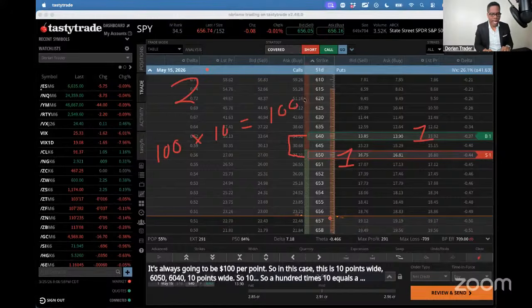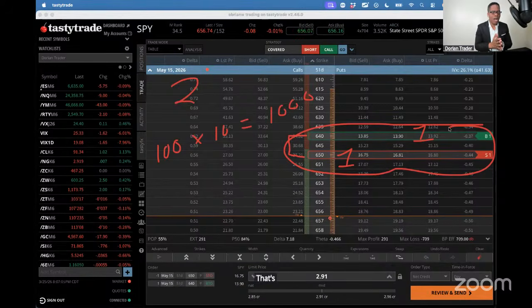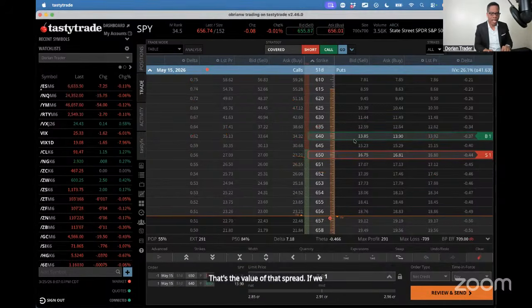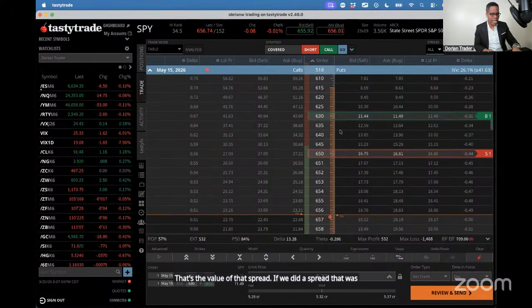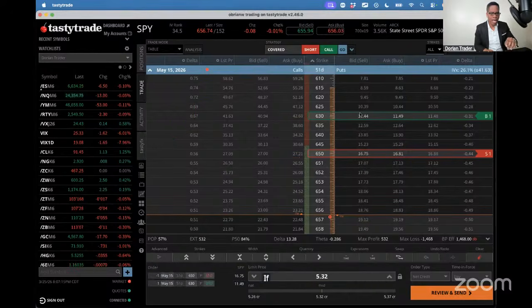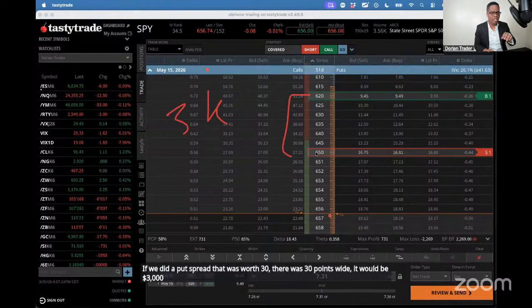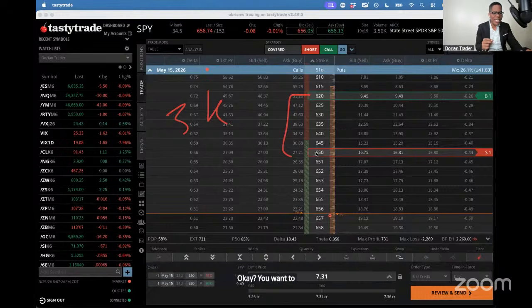The value of this put spread equals $1,000. If we did a spread that was 20 points wide, the value of the spread would be $2,000. If it was 30 points wide, it would be $3,000, $100 a point. You want to understand that. That's the basics of a put spread.